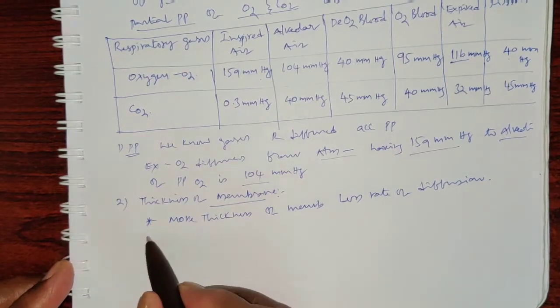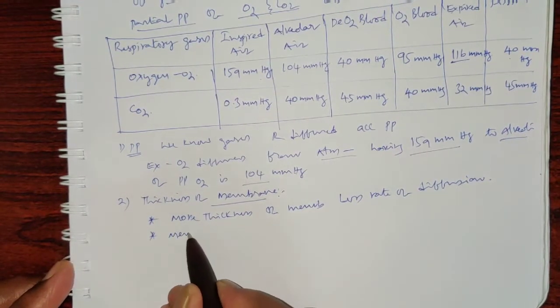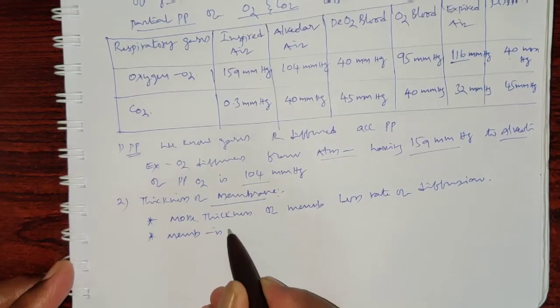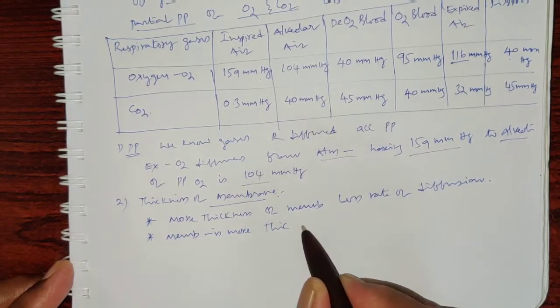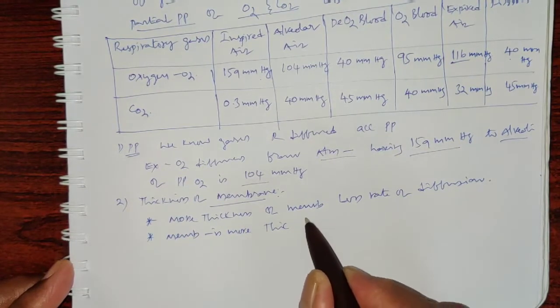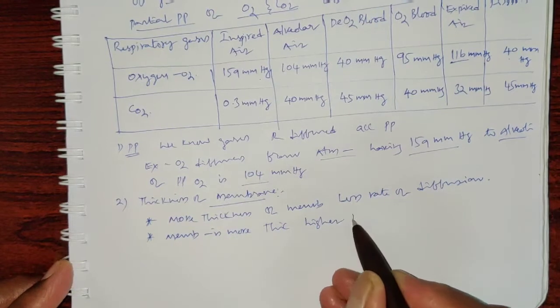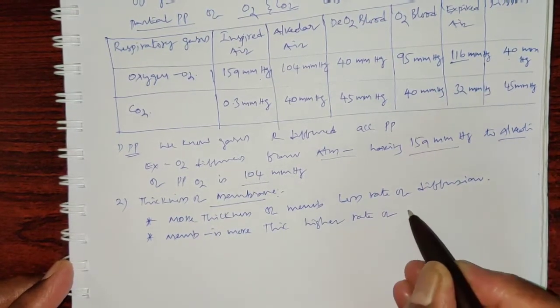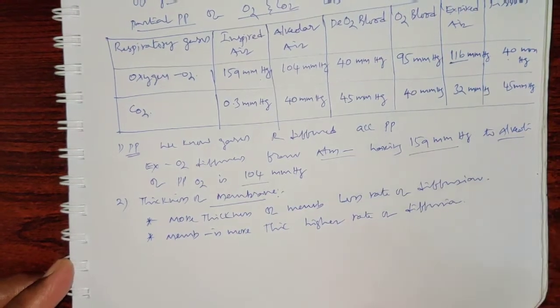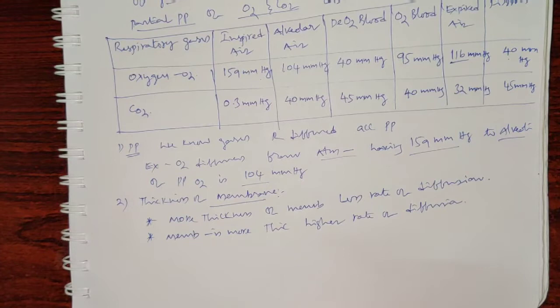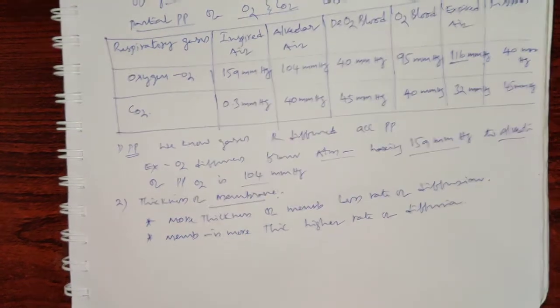If the membrane is thin, the rate of respiration, the rate of diffusion, is higher. This is to be done by the respiratory membrane.